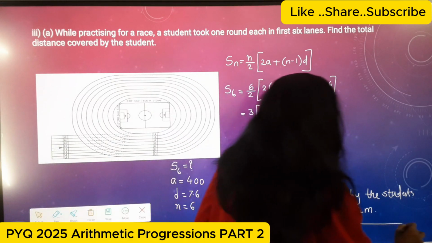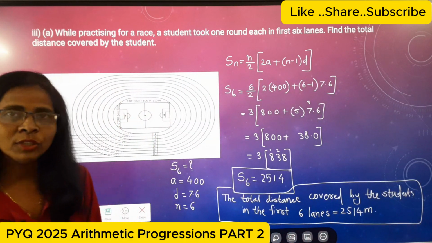Okay, students, in such a way we can find out the example.